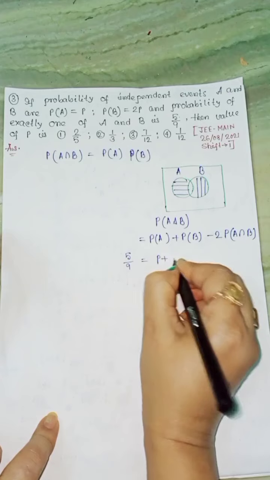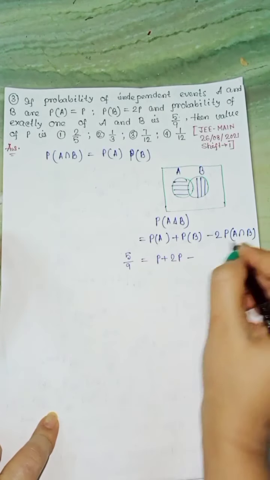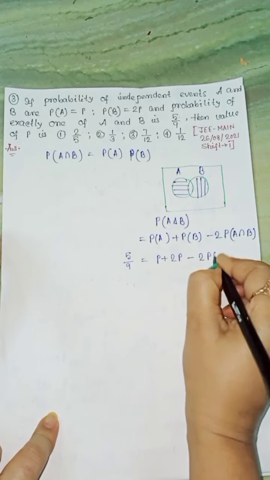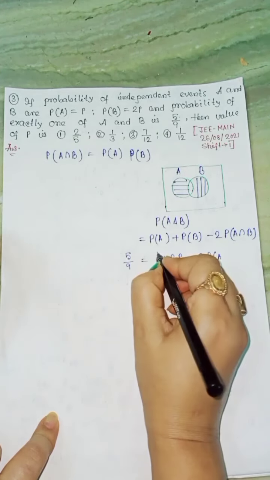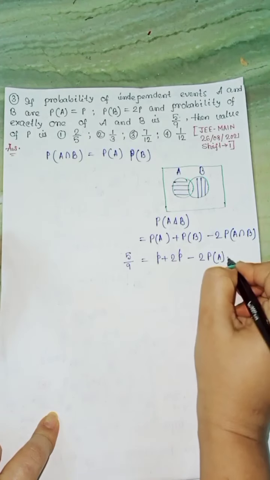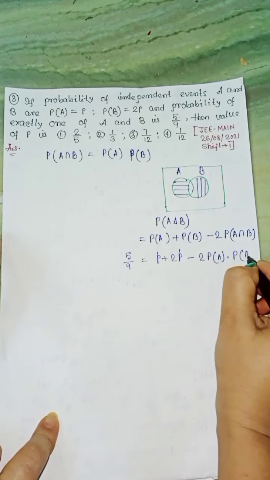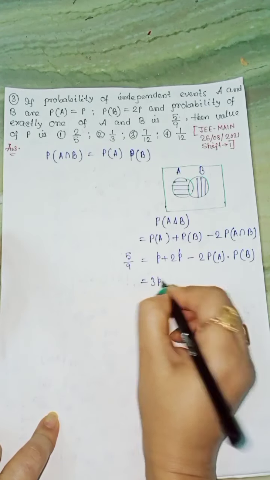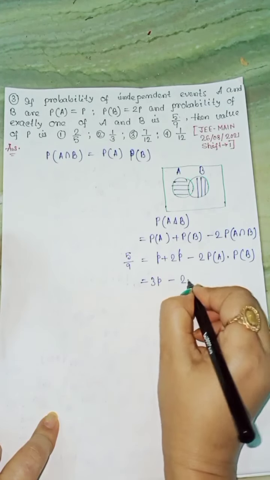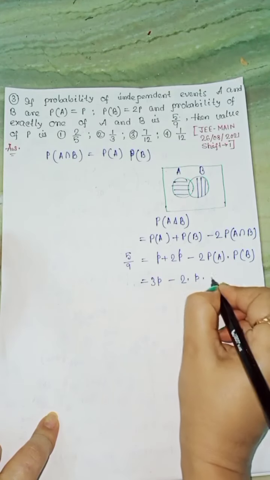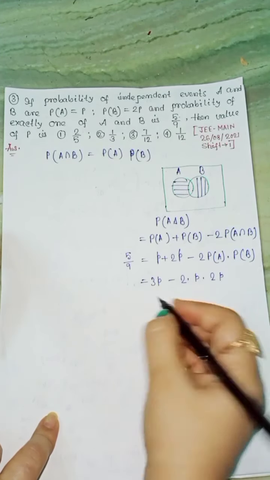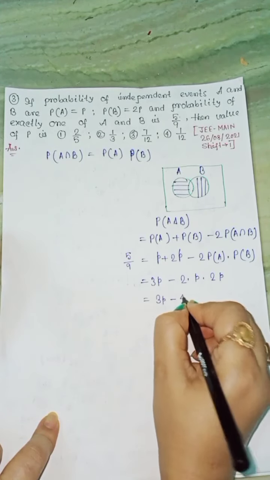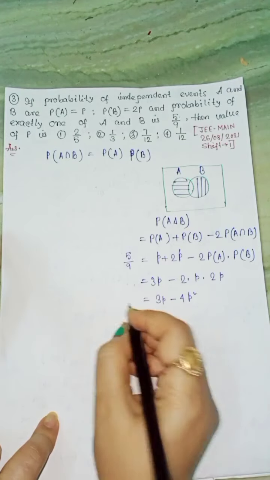Small p plus 2p, and minus twice P(A) into P(B). So this one is 3p minus 2 into small p into 2 small p, so this is 3p minus 4 small p square.